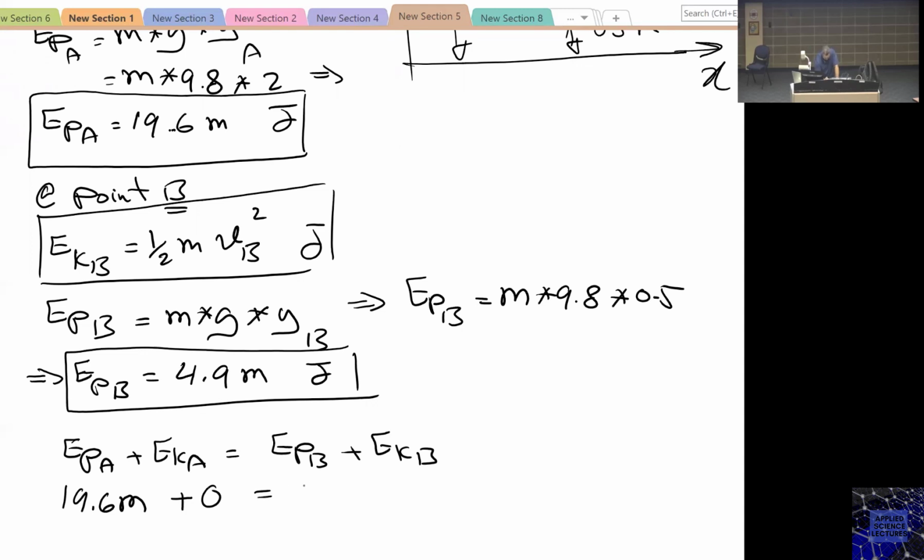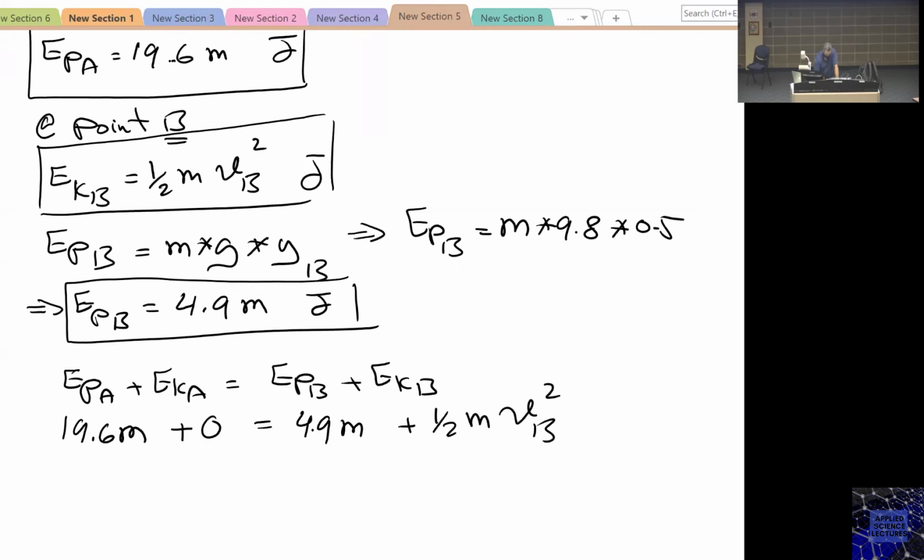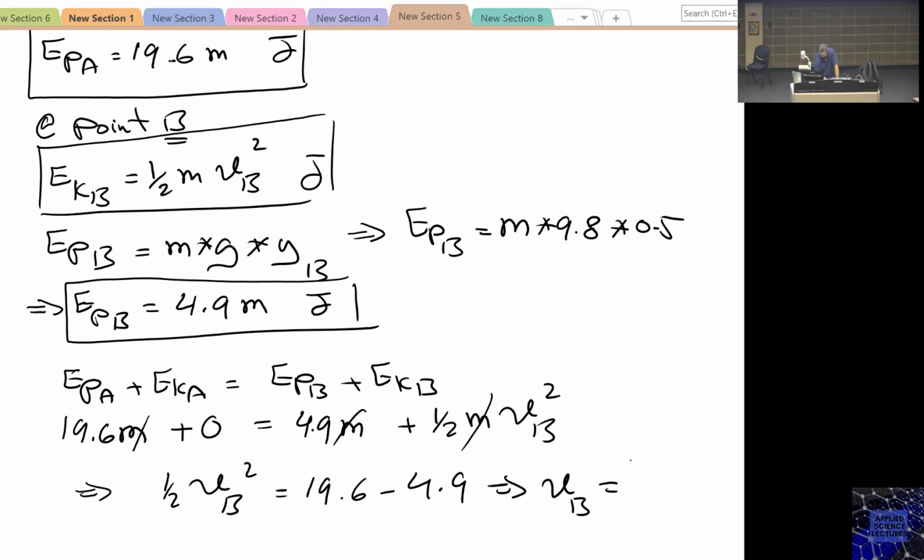I have EPB as 4.9 m and EKB as half m vB squared. So you can see that I have m everywhere. I can divide by m to get rid of the m, and then I will end up with half vB squared equals 19.6 minus 4.9. And then vB is 5.42 meter per second.